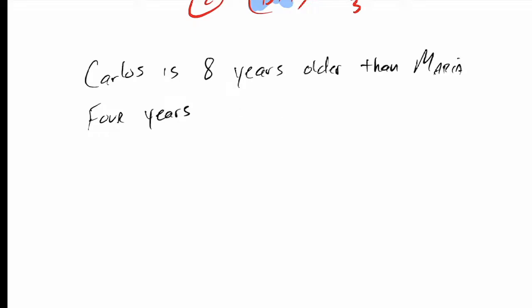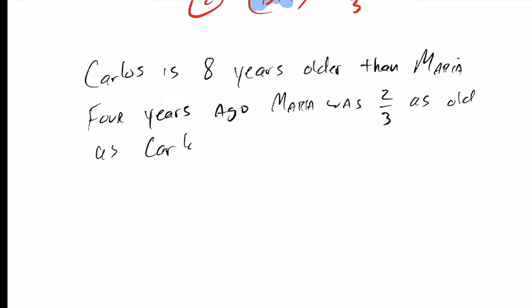Wrong. 4 years, not from now. 4 years ago, Maria was 2/3 as old as Carlos. And they want to know how old they are now.